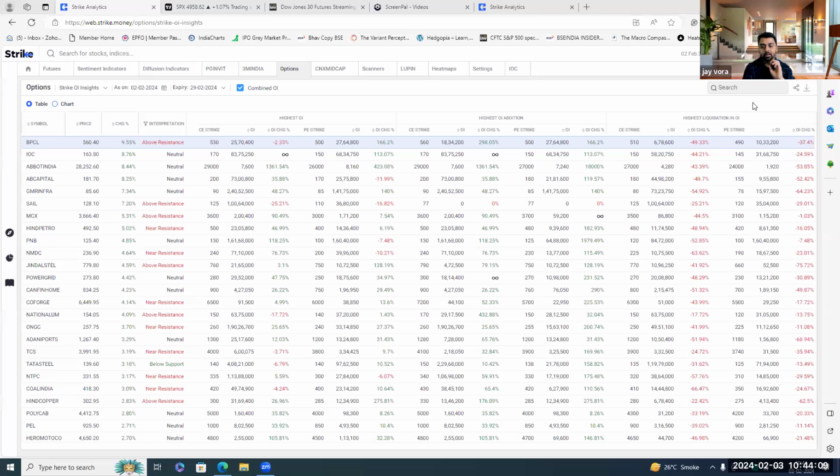Okay, like if the stock has gone up 8%, okay, and you think it will go even higher, but there is heavy call writing happening at the higher level, then you may want to take a step back and maybe see for a day or two if it is consolidating and if it is sustaining at a higher level or not.